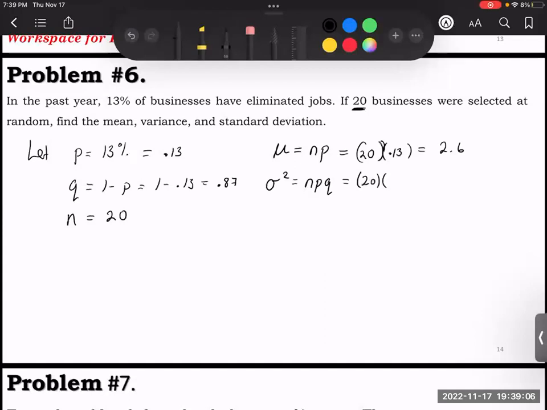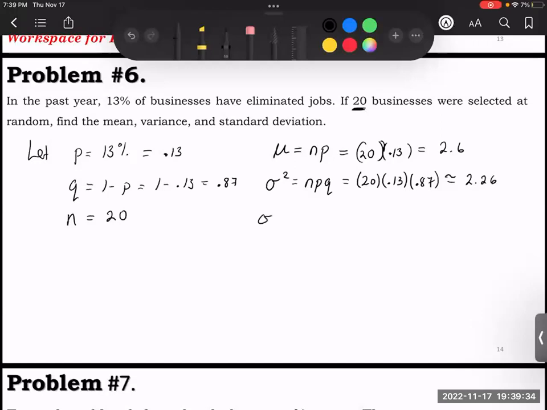So you have now 20 times 0.13 times 0.87 here. For this one, you might have to do a little bit of rounding. You can round it to 2 decimals if you like. Just rounding this to 2 decimals will be 2.26 approximately. Technically, you just got an extra 2 at the end.